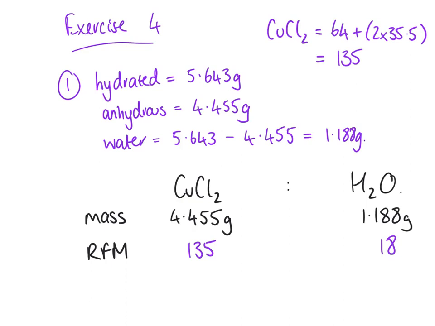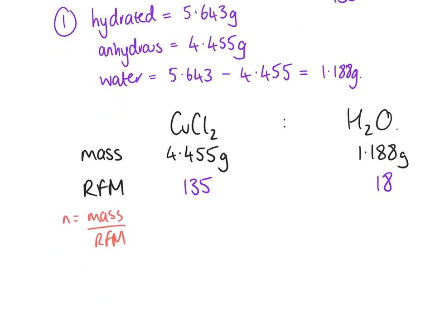Okay, what do I need to do at this stage? Yeah, find the moles. So I do N equals mass over RFM. Okay, so for copper chloride, that's going to be 4.455 over 135.